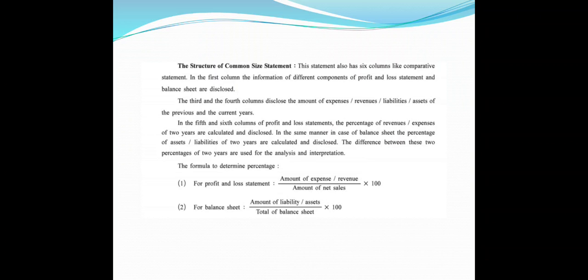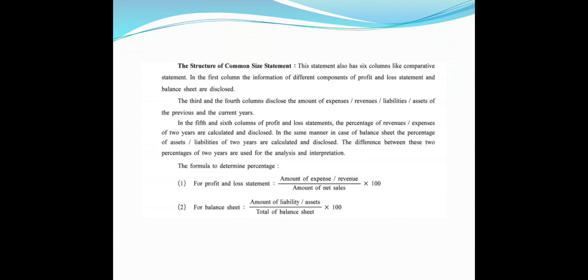In the first column, the information of different components of profit and loss statement and balance sheet are disclosed, and the third and fourth columns disclose the amount of expenses, revenue, liability, asset of the previous and the current year. In the fifth and sixth columns of profit and loss statement, the percentage of revenue and expenses of 2 years are calculated and disclosed.